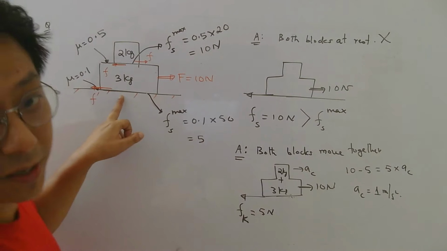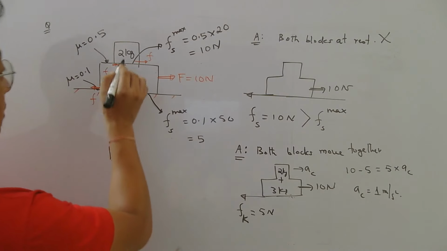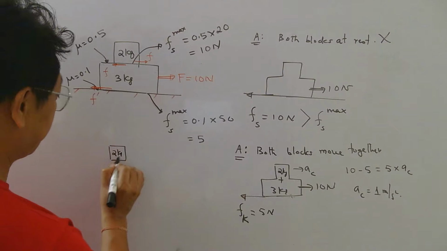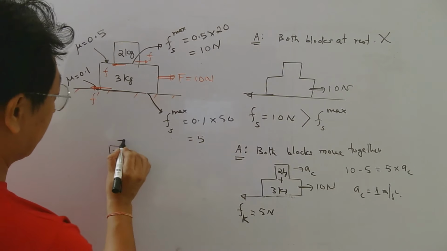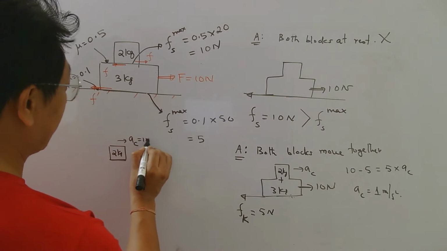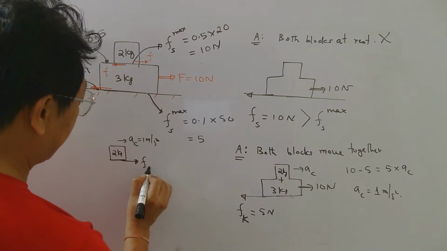Here remember, sliding is happening. Now we need to check whether that is possible or not. So this is 2 kg. For 2 kg, if they move together, that also should have the same acceleration of 1 meter per second square. And friction here will be static.